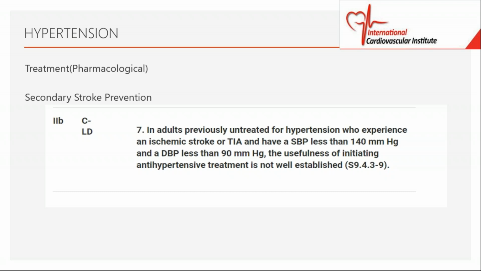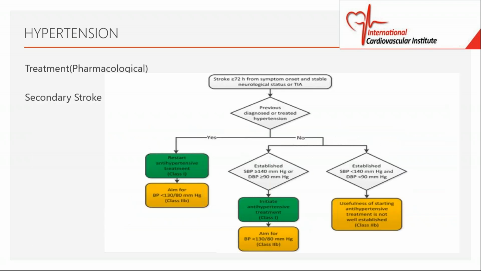We talk about stroke prevention. Okay, all right. So after 72 hours now, so the patient has had a stroke, and after 72 hours, if the patient had hypertension before, okay, if they're known hypertensive, you're going to just put them on antihypertensive medication. You just put them on your medicines, okay, and you want to make sure.